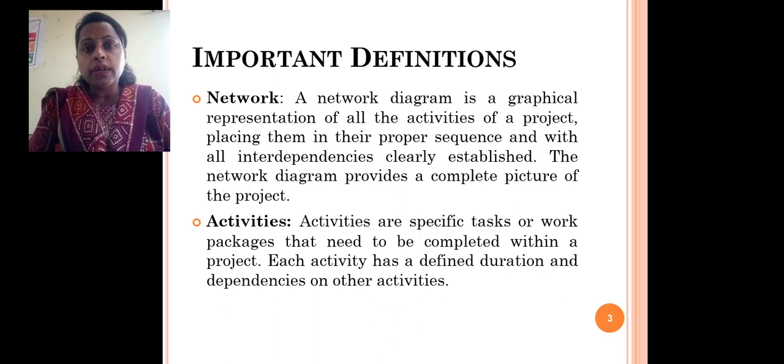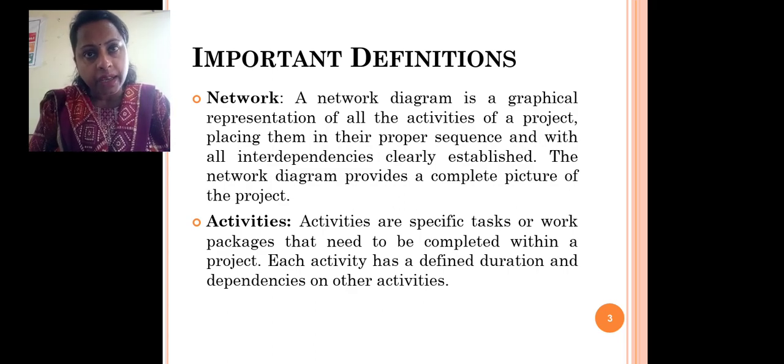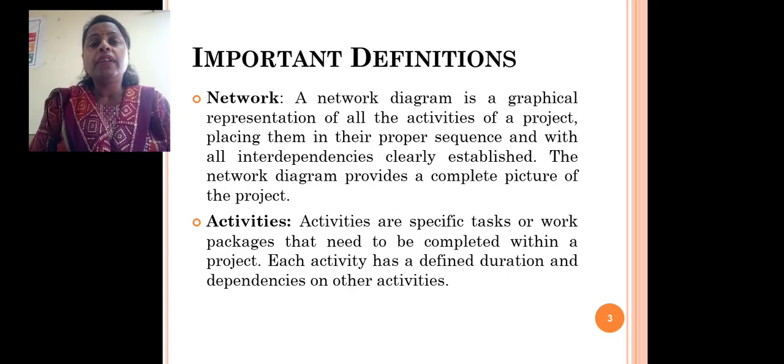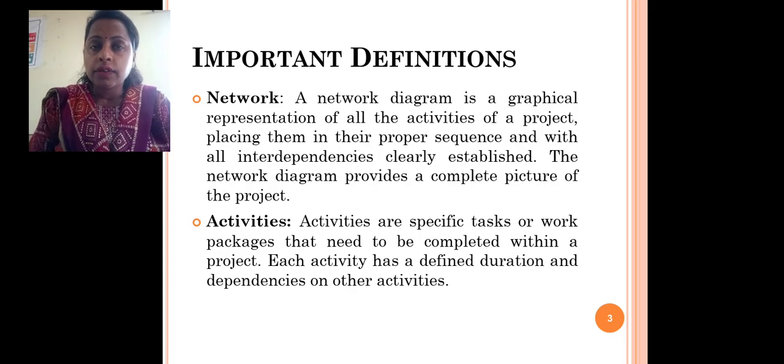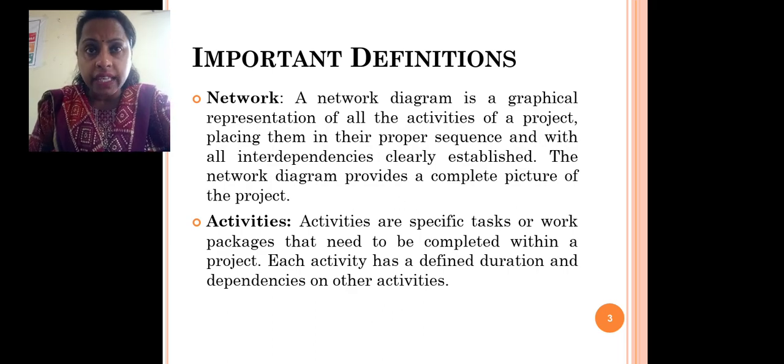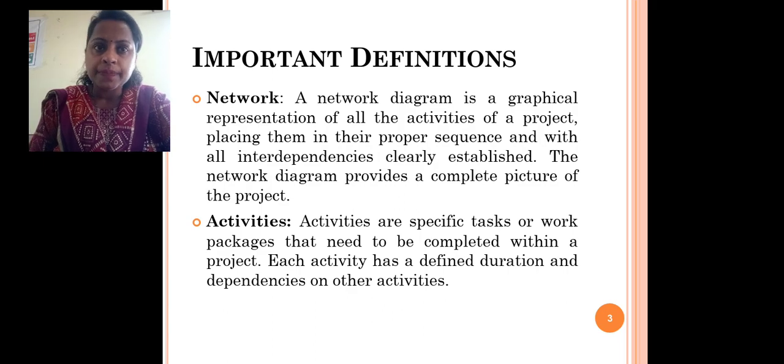To connect that activity, there will be a starting time and an ending time. We will give a number to the starting time and we will allot a number to the ending time also. When we allot numbers to the activities, those numbers are known as the event numbers. Those numbers are known as the events. So all activities will be connected through events.